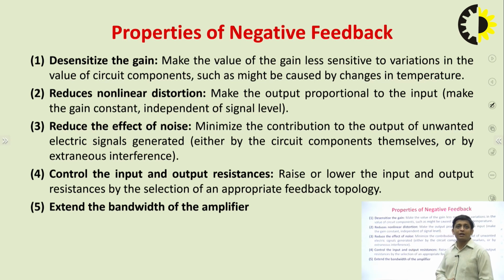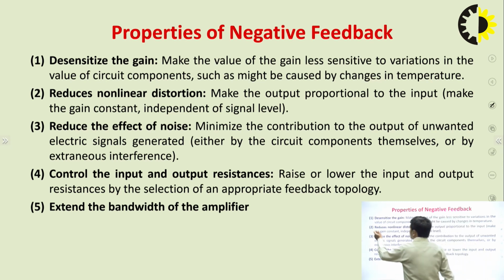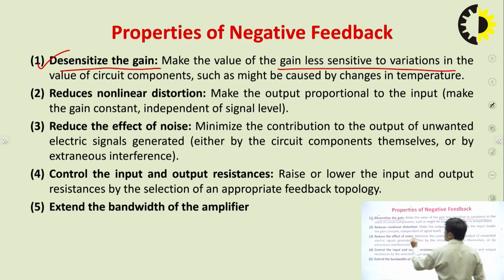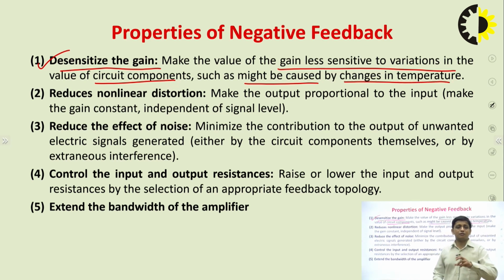Basically, when we apply negative feedback in the amplifier, it desensitizes the gain. What does it mean? It means that it makes the value of the gain less sensitive to variations in the value of circuit components, such as might be caused by changes in temperature. The reason is that if there is a change in temperature, the circuit component values may change, right?